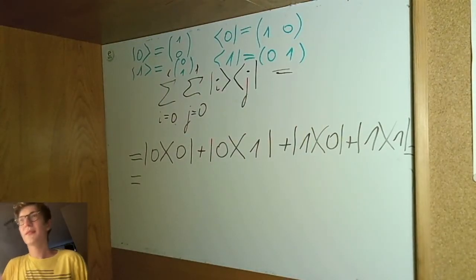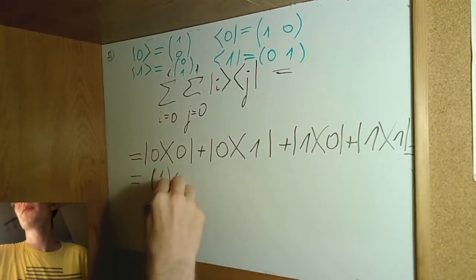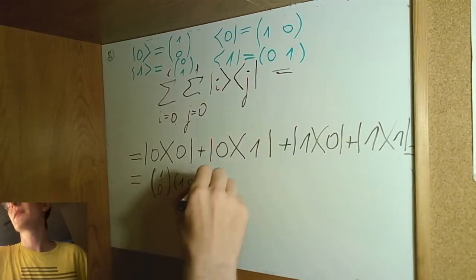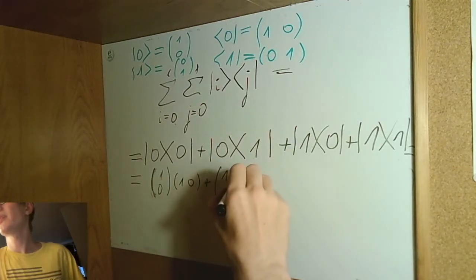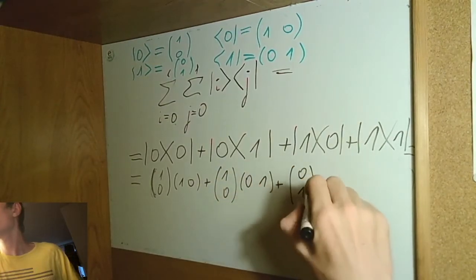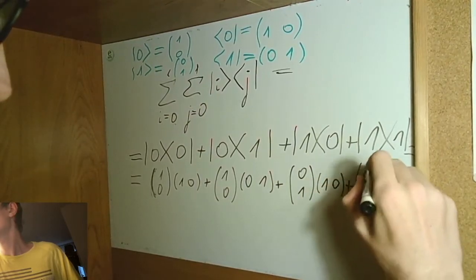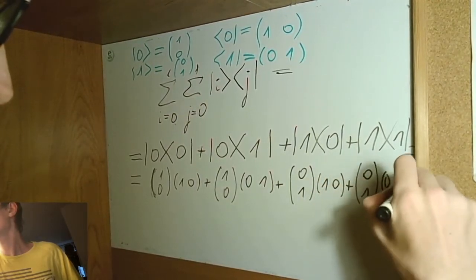So we can just plug it here. So it's 1, 0, and here 1, 0, plus 1, 0, and here 0, 1, and so on. So now we have 0, 1, and 1, 0, and plus 0, 1, and 0, 1.